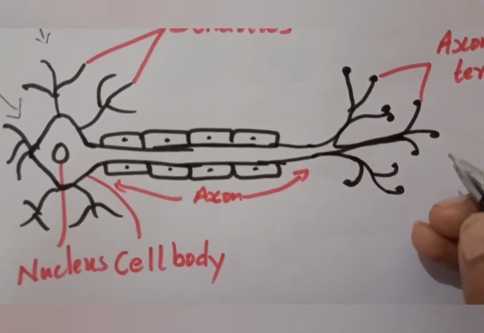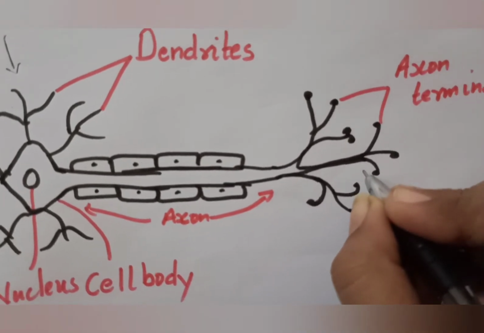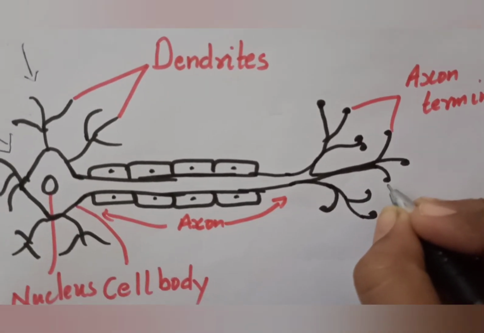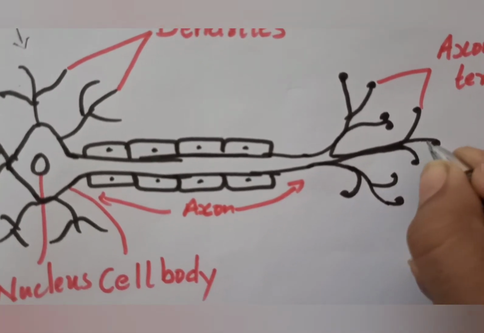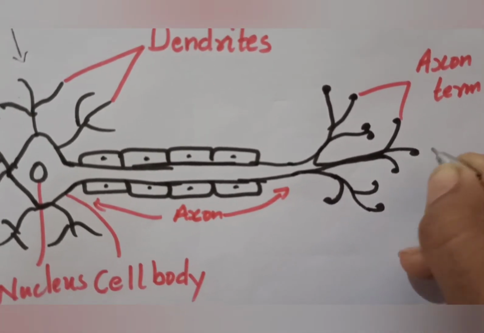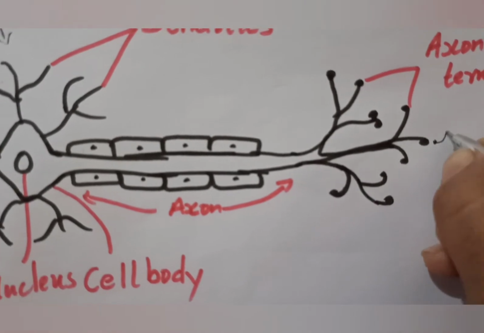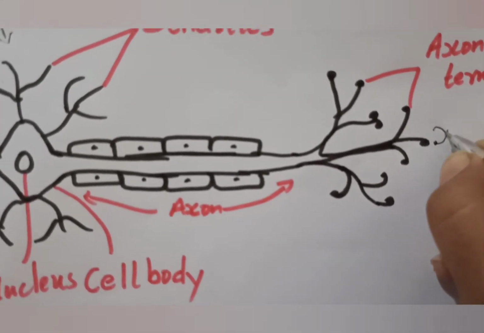So what is a synapse? As we know, there are interconnected neurons in the human brain. So at the ending of one neuron, there will be the beginning of another neuron.